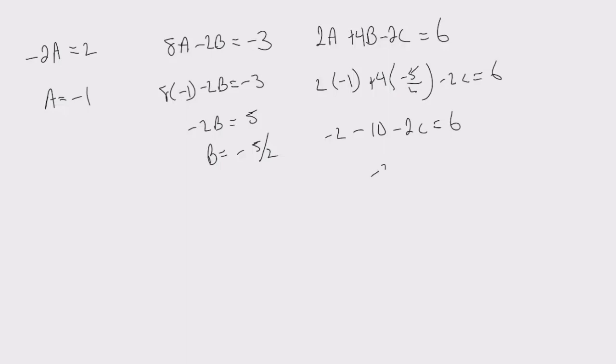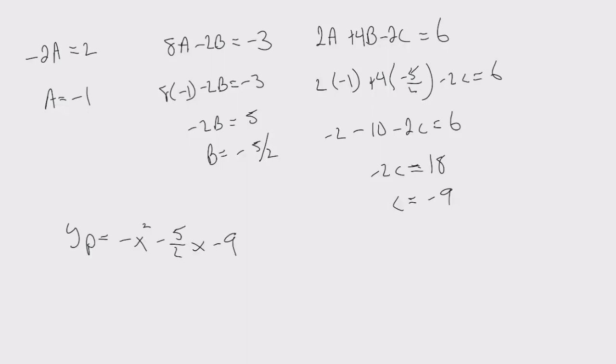So that's negative 2c equals 6 plus 12, and 6 plus 12 is 18. So that means c has to be negative 9. Okay, so let's put all that together. So our particular solution would be negative x squared minus 5 halves x minus 9.